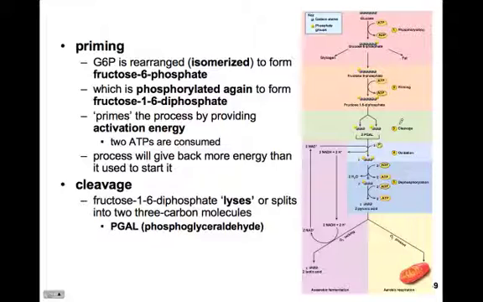Cleavage is the next phase in the game. This is the lysis part of glycolysis. It's where we split this 6-carbon molecule, fructose 1,6-diphosphate, into 2 3-carbon molecules, phosphoglyceraldehyde, otherwise known as glyceraldehyde 3-phosphate. You may have seen it before as G3P.